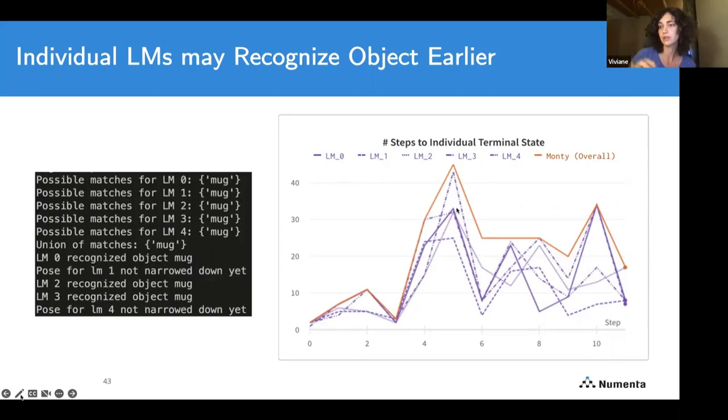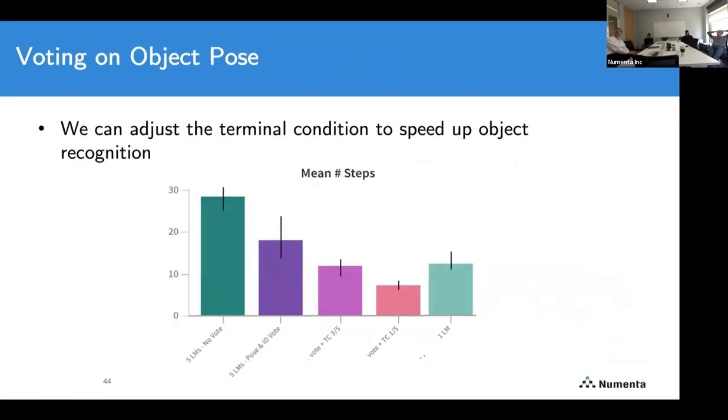Sometimes the sensory input gives you more clues, and then they are faster than others, but it still has to wait until all the other learning modules figured out the object and pose. So if you were to plot the max and min for the one learning module, the max amount of time it might take would be closer to 30. Right, from 5 seeds kind of thing. Yeah, exactly.